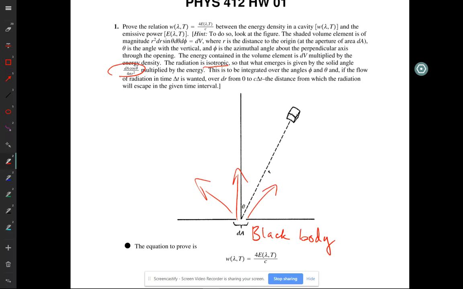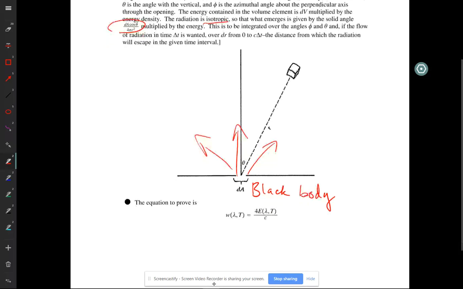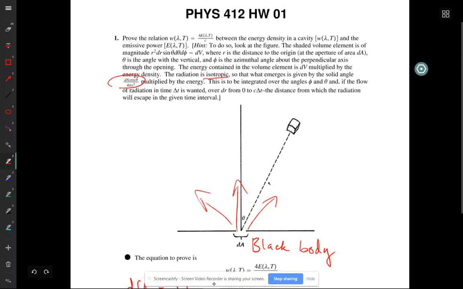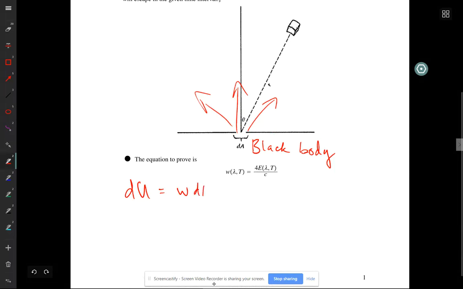And so what we need to do then is to calculate du, the amount of energy per unit volume, which will be equal to the rate at which it's being emitted times that effective area, which is dA cosine theta, over 4 pi r squared.